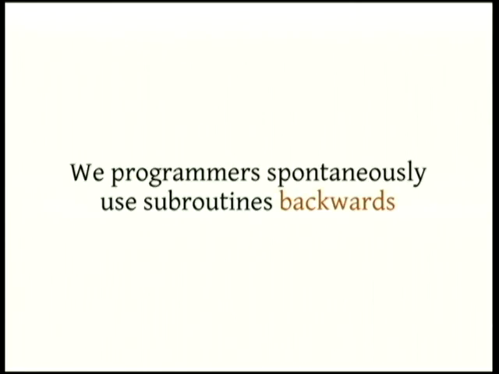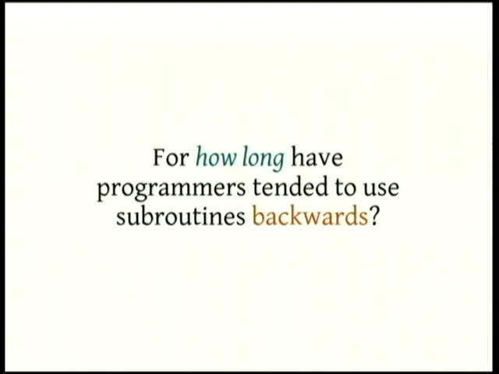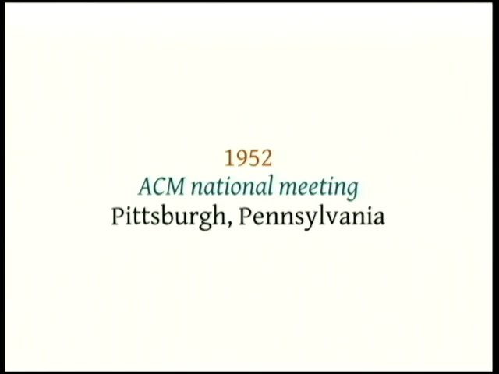The pith of the idea here is that we programmers have been spontaneously using subroutines backwards. For how long have programmers tended to use subroutines completely backwards, the wrong way? By my count, we have been doing it for 62 years, and my proof is that I went back and I found the 1952 ACM National Meeting paper in Pittsburgh, Pennsylvania.